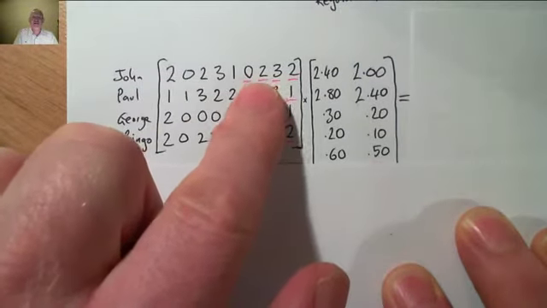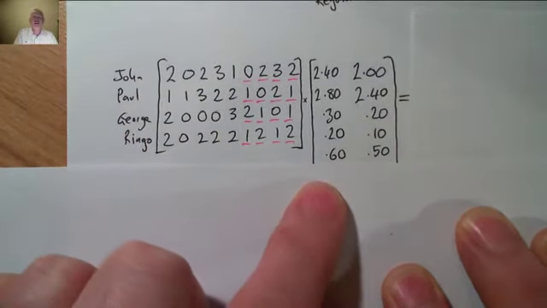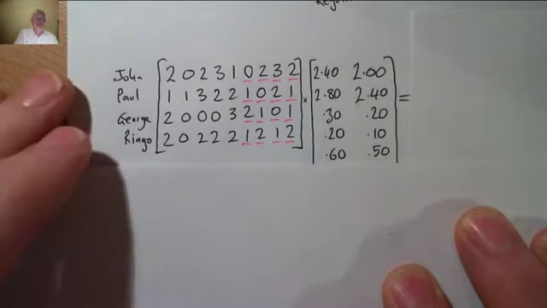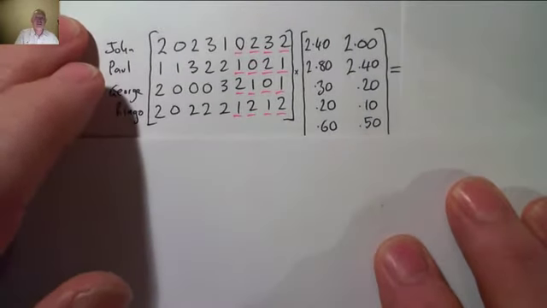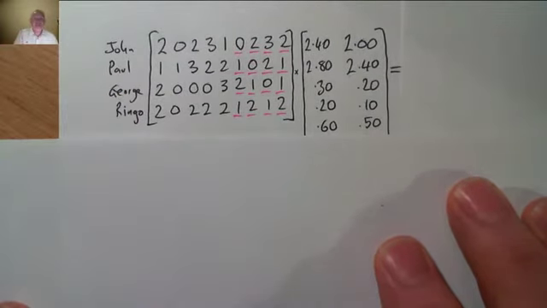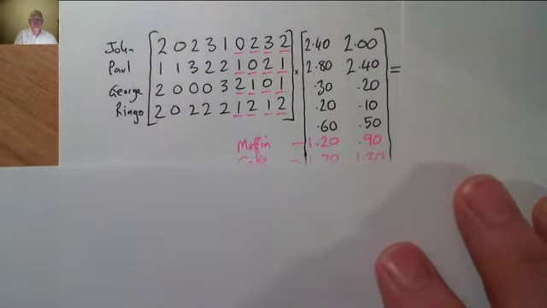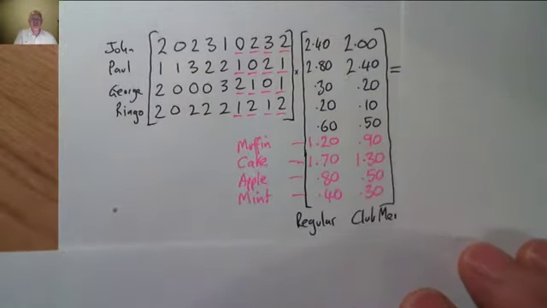I'm stuck. I've got the 2 cakes and nothing to multiply it by. So there's a problem. The only way to legitimately multiply these 2 matrices is to extend my right hand matrix, which makes sense.